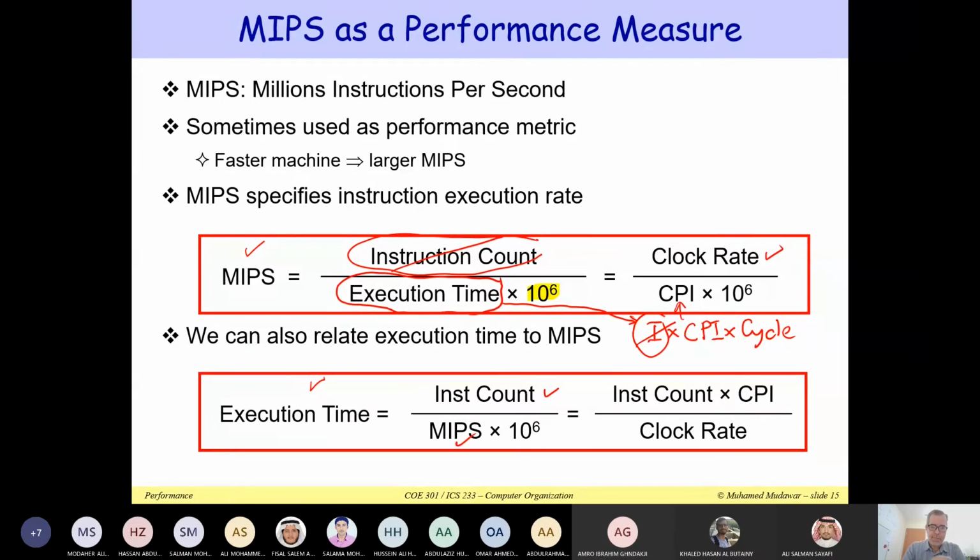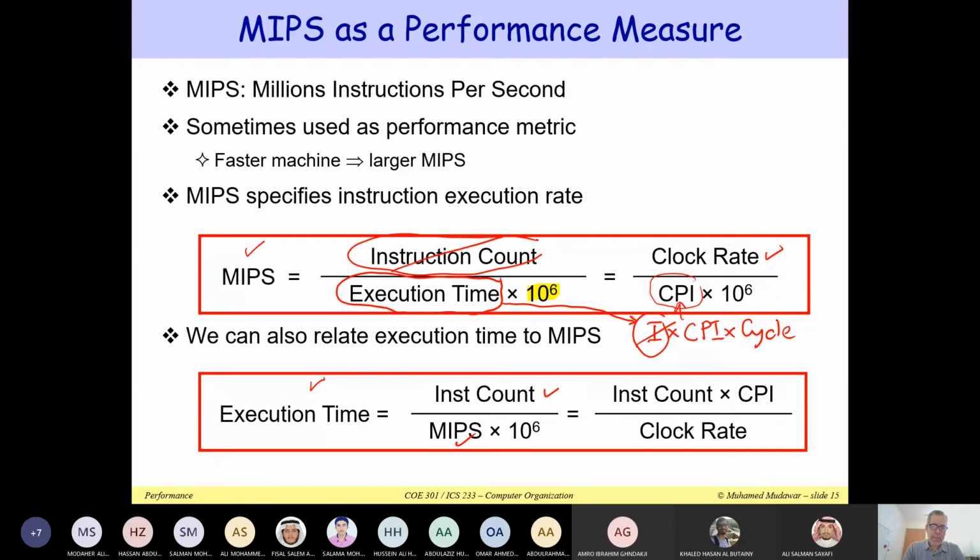If I know the MIPS rate for a given program, notice that the MIPS includes the CPI. The CPI changes from one program to another, it's not fixed, so the MIPS rate is going to change from one program to another.